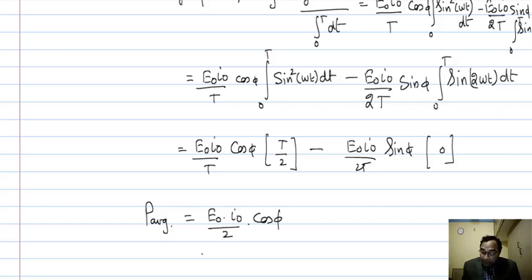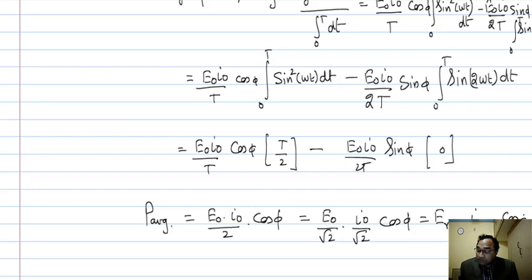So write it in the proper form. This can be written as E naught by root 2, I naught by root 2 and cos phi. What is E naught by root 2? This can be said as E RMS, I RMS, cos phi.